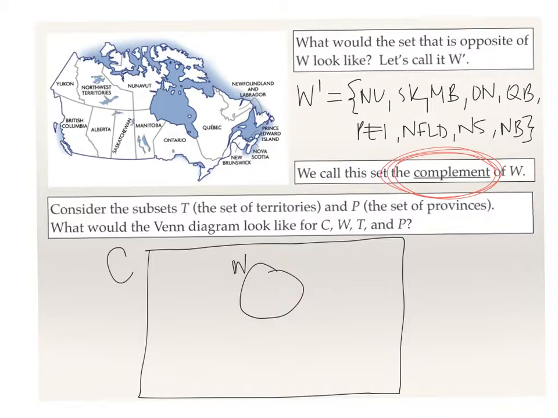Because of Nunavut. That's what I want you guys to be thinking about. So remember, the Western W contains Yukon and Northwest Territories. So it contains two of the territories, but it does not contain Nunavut. So if I'm drawing T, the way I would draw it is intersecting with W, but it has to have some space outside of W as well.